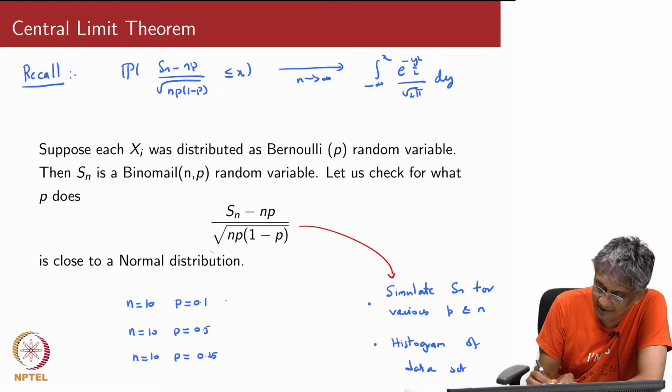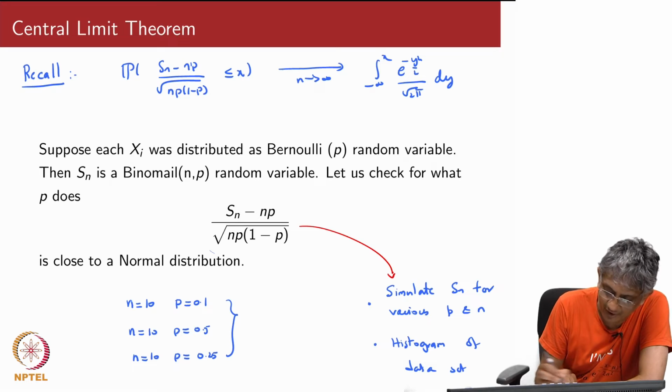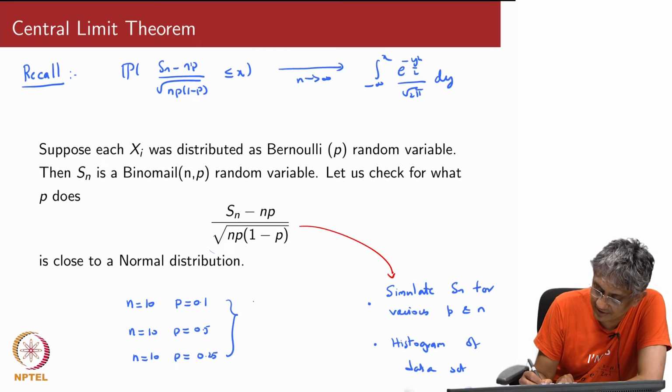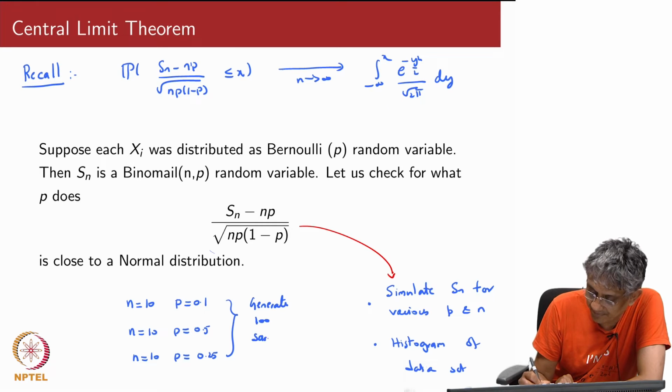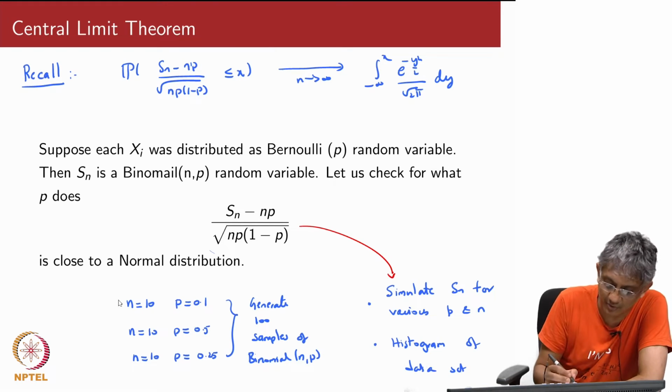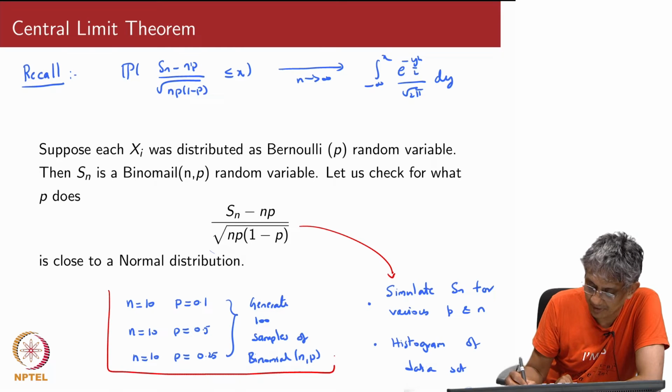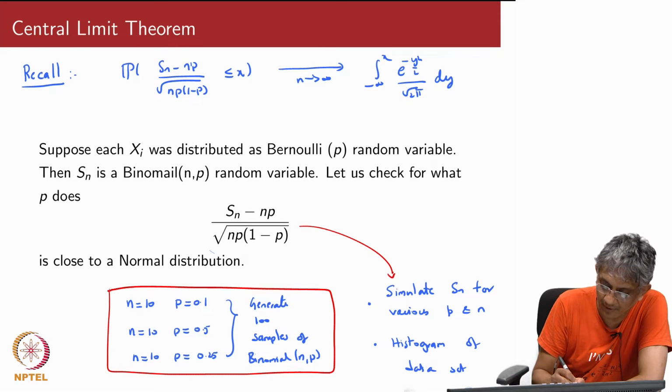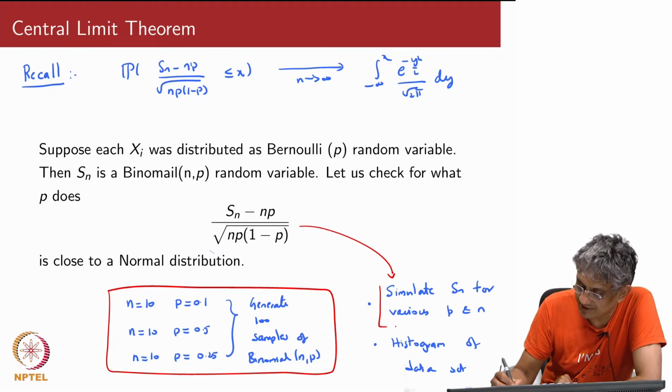I am going to generate 100 samples of each, that is, 100 samples of binomial n comma p for each p. Let me mark that in red in a square. That is what simulation is about.